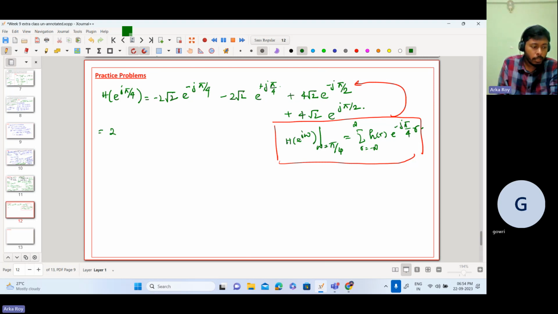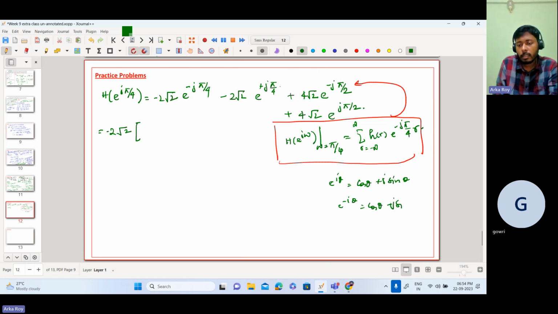Now, if I simplify the equation, it will be minus 2 root 2, and we know e to the power j theta is equal to cos theta plus j sin theta, and e to the power minus j theta is equal to cos theta minus j sin theta.